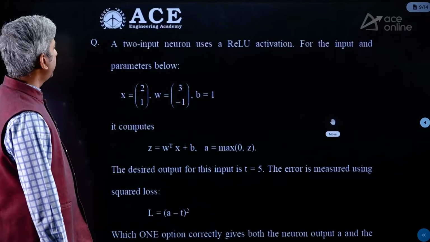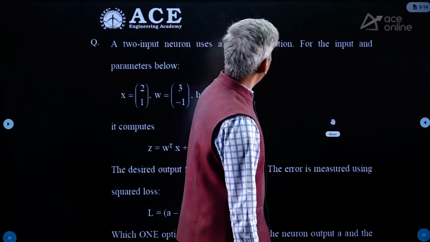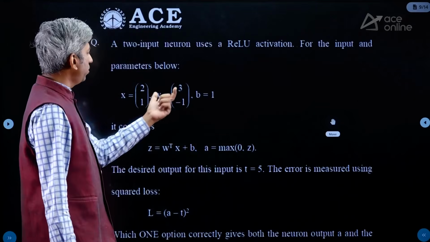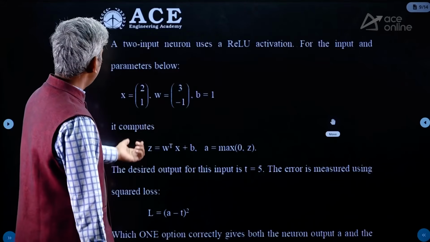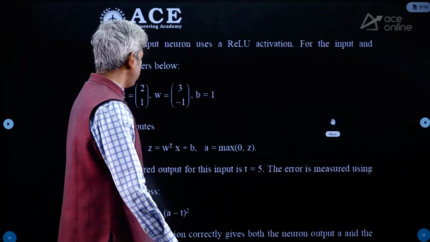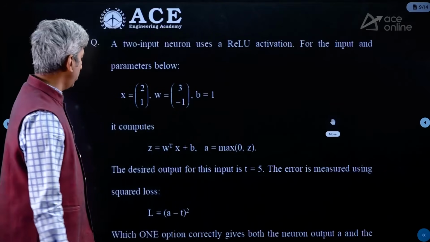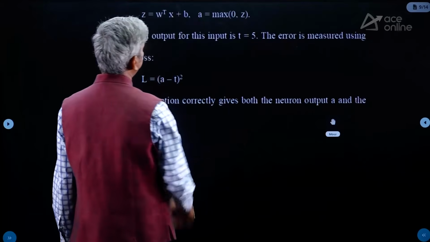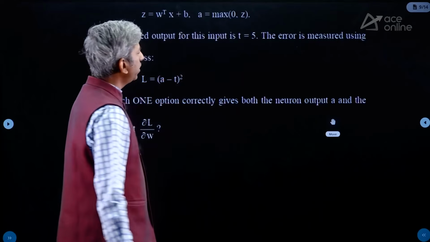Next question. A 2-input neuron uses a ReLU activation for the input and the parameters below. X is equal to [2, 1], W is equal to [3, -1] and B equal to 1. It computes Z is equal to W transpose X plus B and A is equal to max of 0 comma Z. The desired output for this input is T equal to 5.